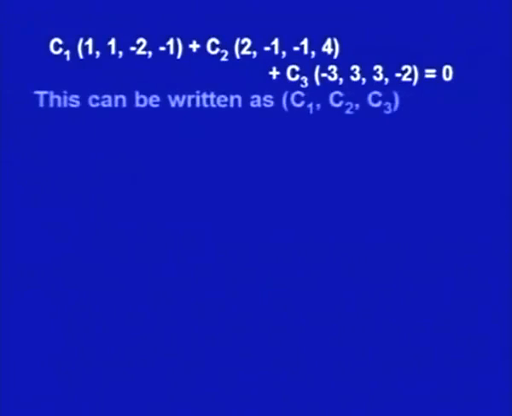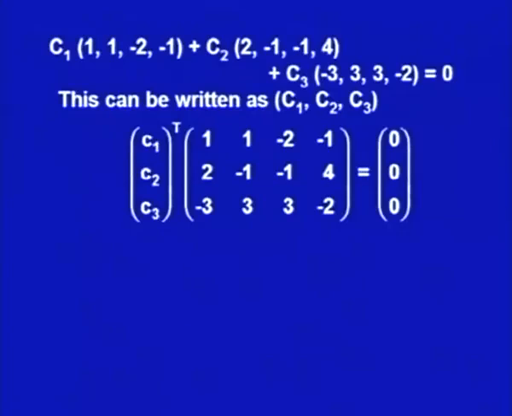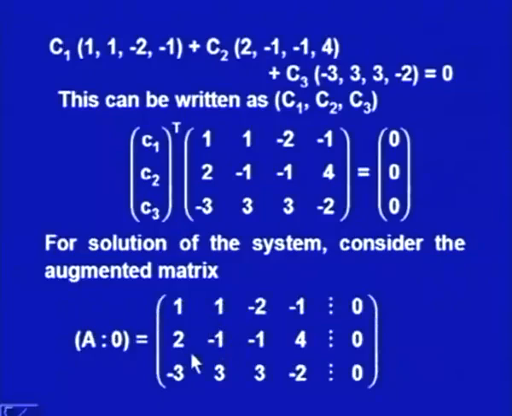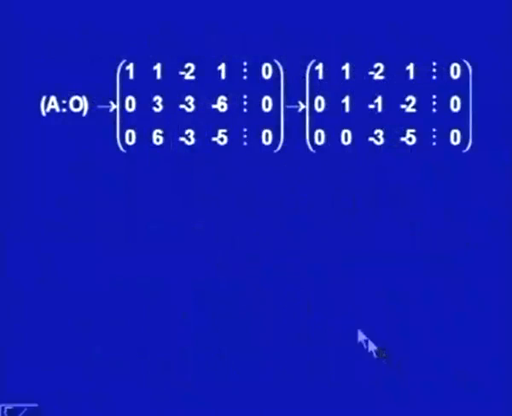Now, this system can be written in matrix form, and from here we can obtain the augmented matrix. Now, we try to reduce this augmented matrix into row reduced echelon form. So, we start with [A | 0], which is this given matrix. We apply linear transformations. First, we try to simplify this element. This is 0.